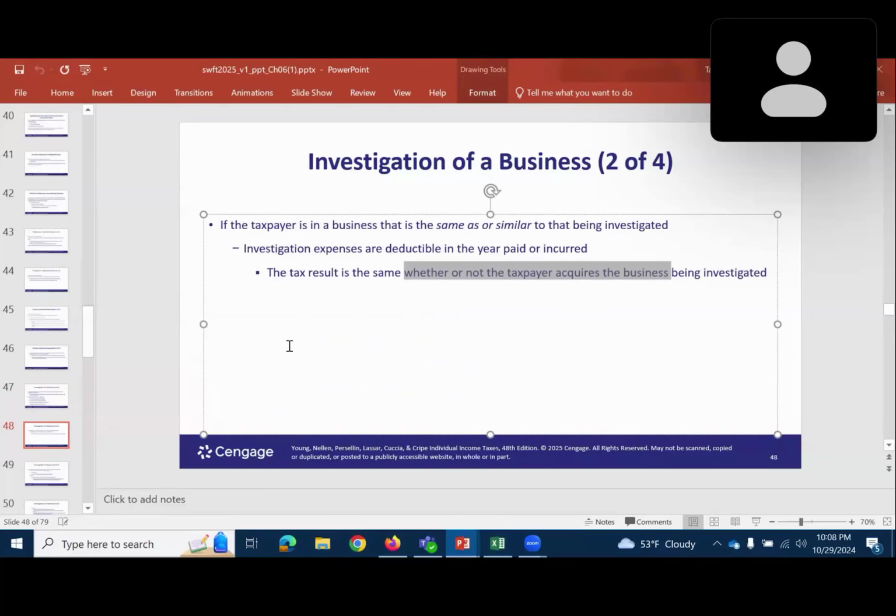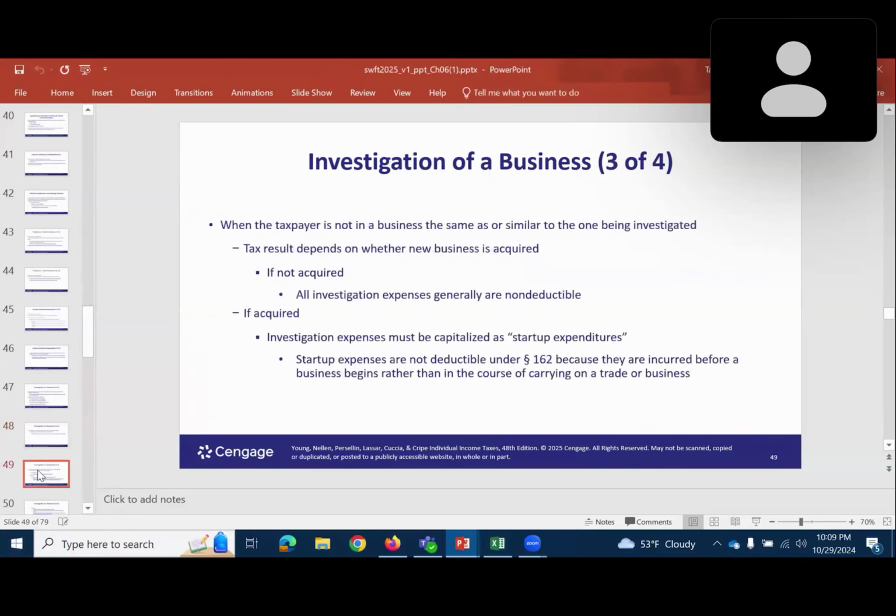I can still deduct the investigation expenses because the two businesses are the same. I go and look at another dental shop and I do buy the business. All those investigation expenses I can deduct because I bought it. So when it's the same type of business, I can deduct those expenses whether or not I buy the business.